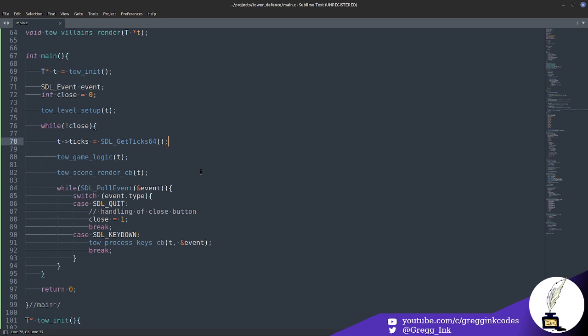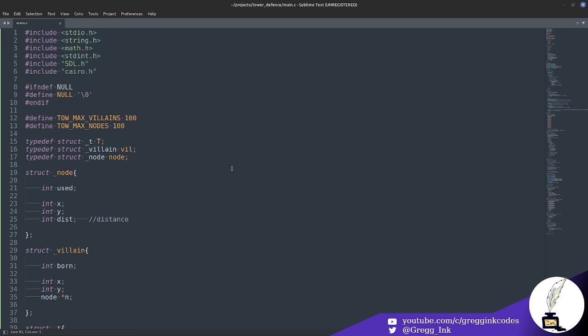Yeah, that's the main thing we need to do in the main loop, right? Game logic, render. Oh, but that's not, see, what we need to know is when did... that's not even what we need. Okay, we need to know when did the villain begin its journey. That's really what we need to do.